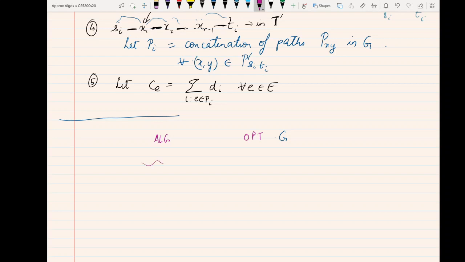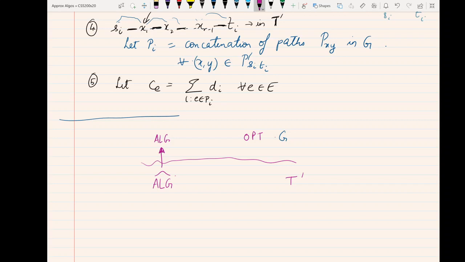Now there's a corresponding world T prime. What I've managed to do is translate the instance G into T prime and solve it on T prime. And what I've described above is a way to map the solution in T prime to a solution in the graph.